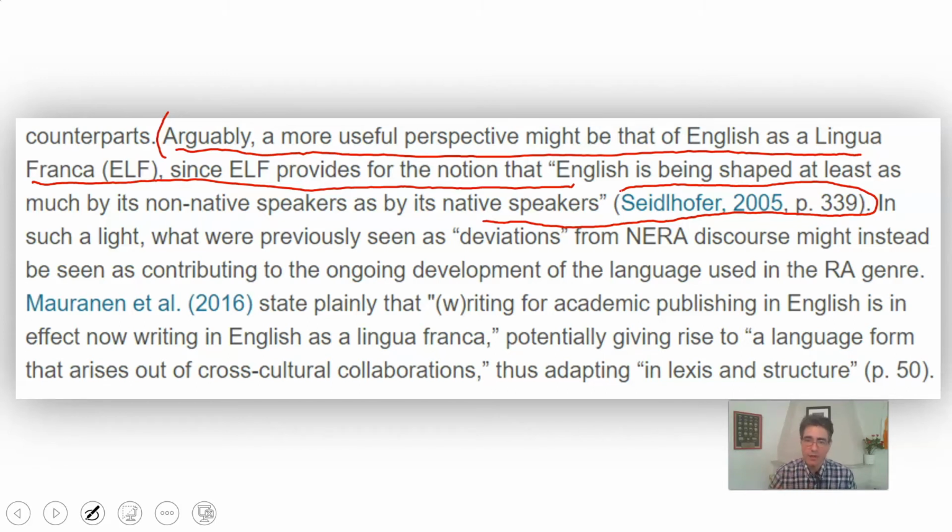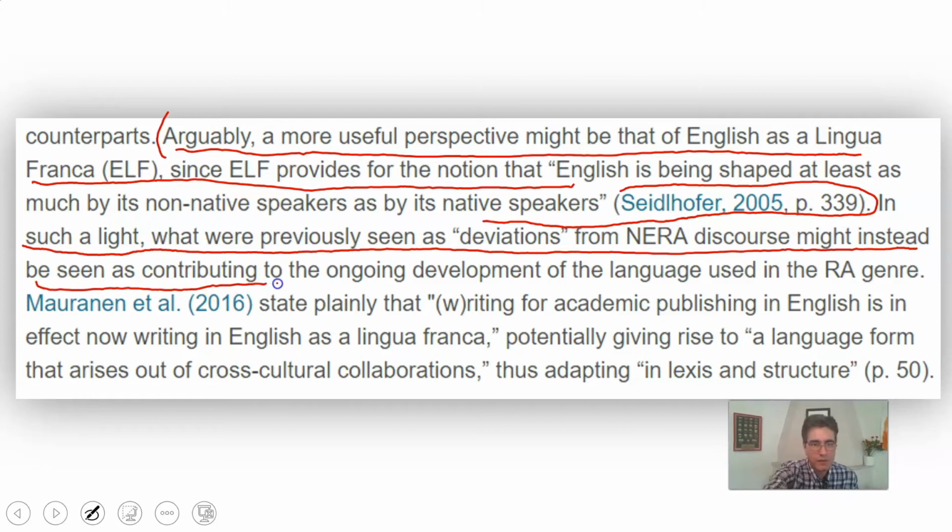All right, so I continue with my voice and I say, in such a light, what were previously seen as deviations from native English research article discourse might instead be seen as contributing to the ongoing development of the language used in the RA genre. So I'm continuing with my voice here, adding my own voice, and I continue with another claim, basically.